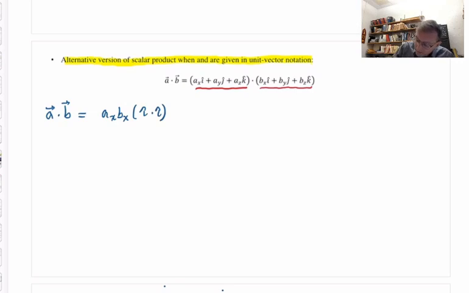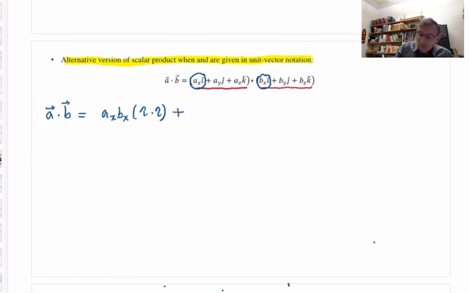Where did that come from? Taking that term in the first vector, dot that term in the second. All right, that's what that is. I just put the Ax times Bx together. They're just numbers. And then I have i hat dot i hat. All right, plus.